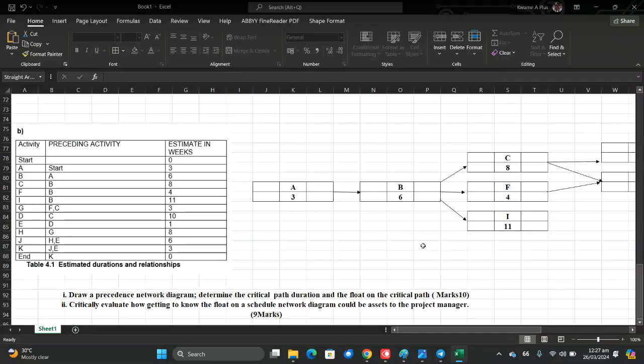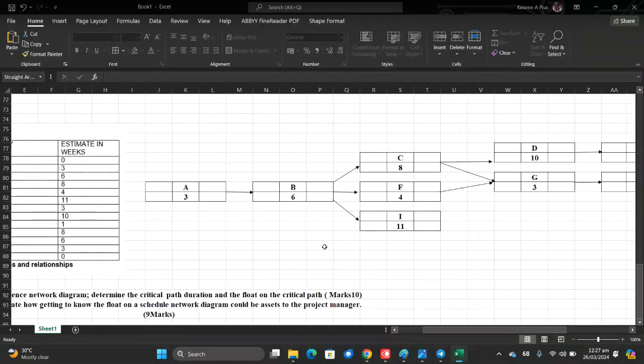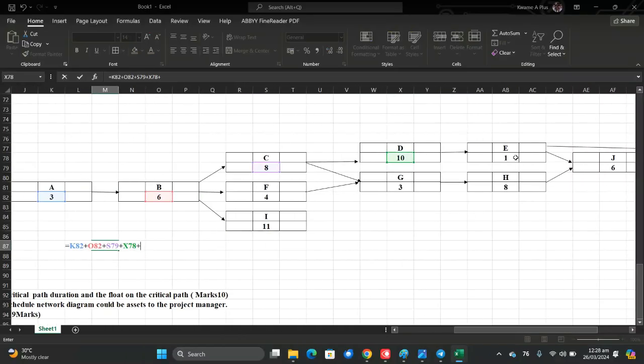We can do the calculations. Let's do the calculation. Critical path is equal to what? Maybe you can try them out one by one, but if you want to do it quickly, you can do the total float thing.